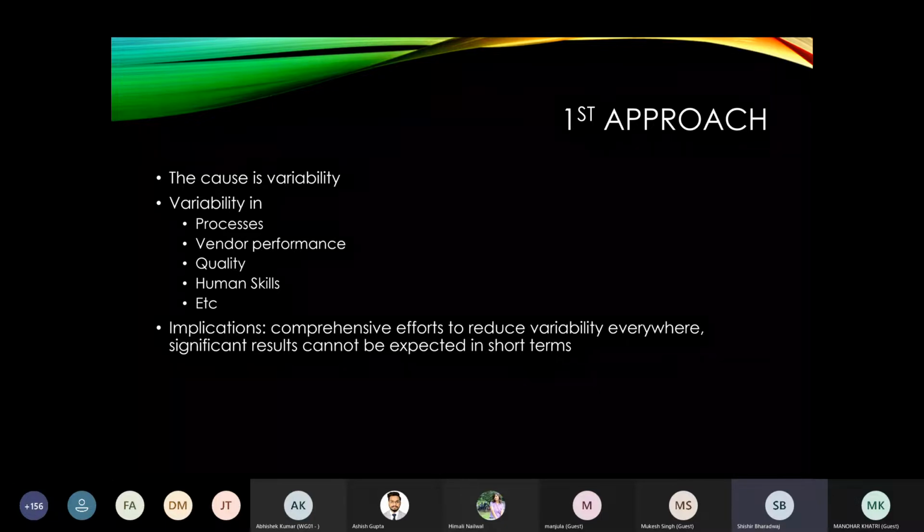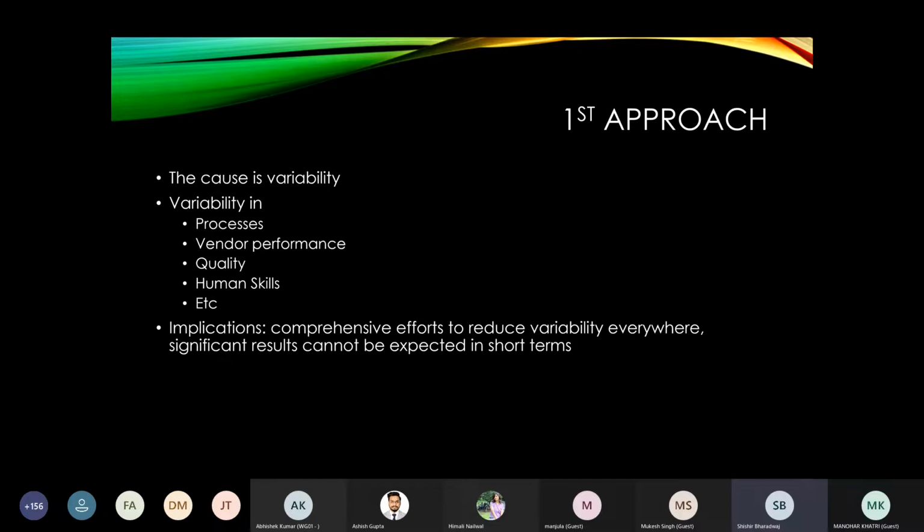Okay, and we will look at reducing variability everywhere. This is the conclusion of the table I showed you before, where I was saying that we look at reducing variability everywhere, whether it is service, finance, customer relationships, or logistics.